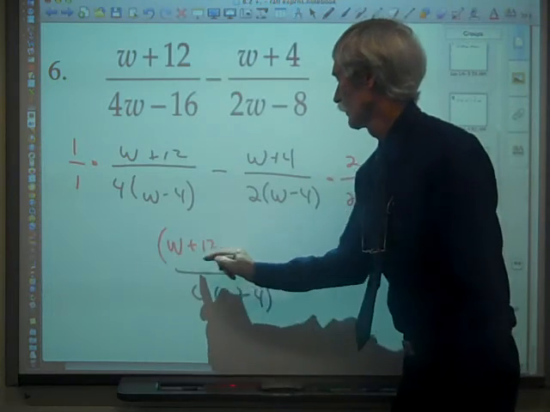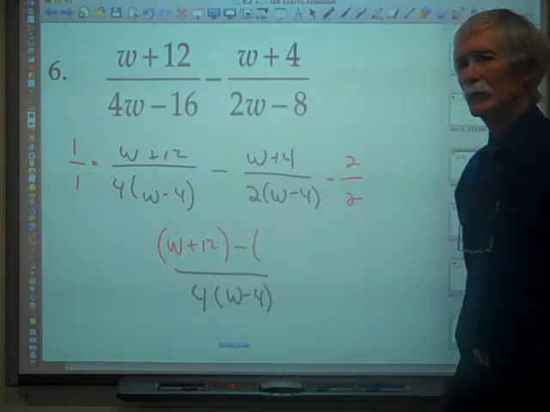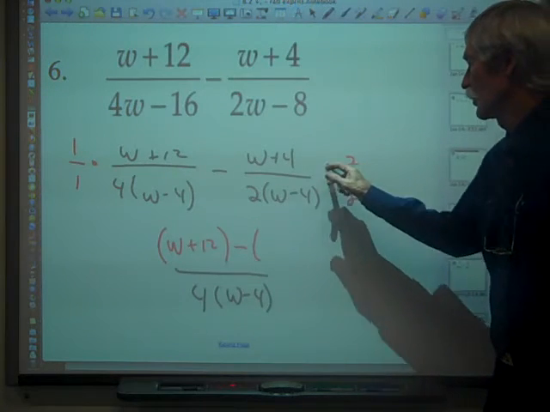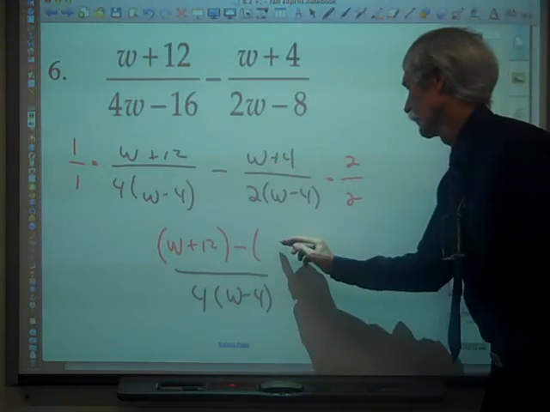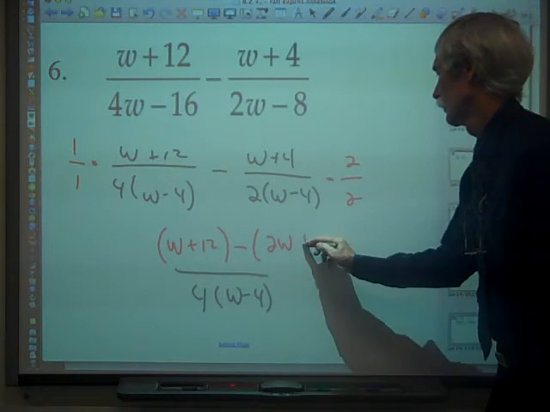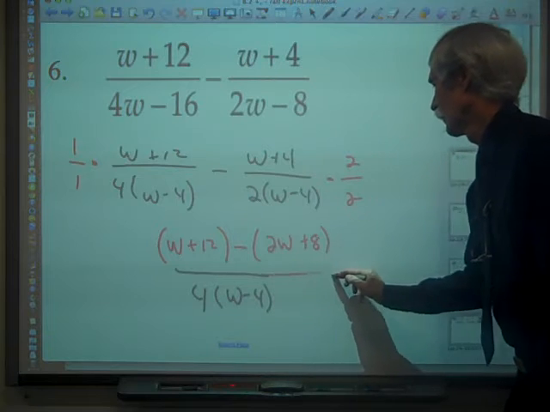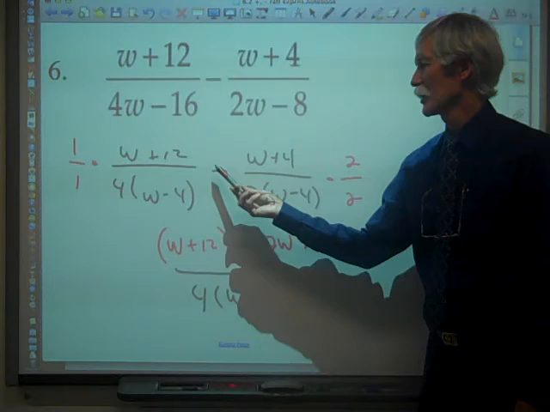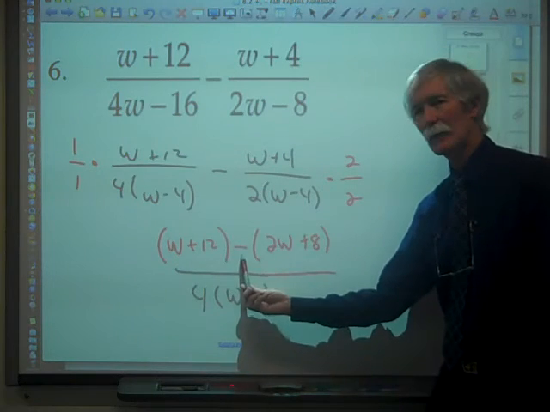W plus 12. I'm going to put a parentheses there, and you'll see why in a minute. And what about this 2 over here? 2w plus 8. And is this numerator subtracting that numerator, so we need a little subtracting there?